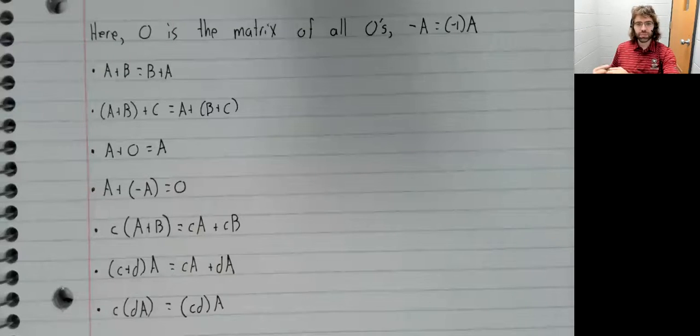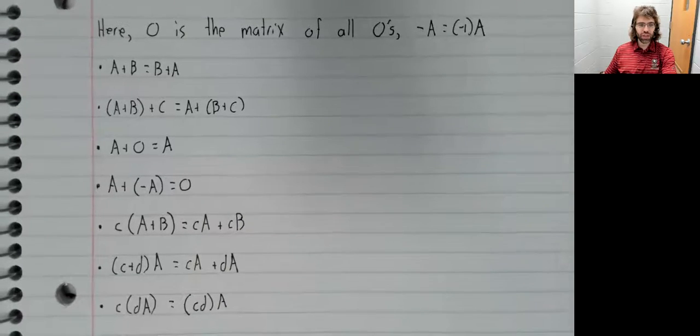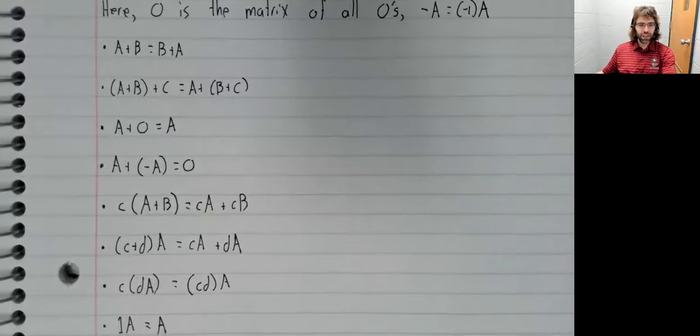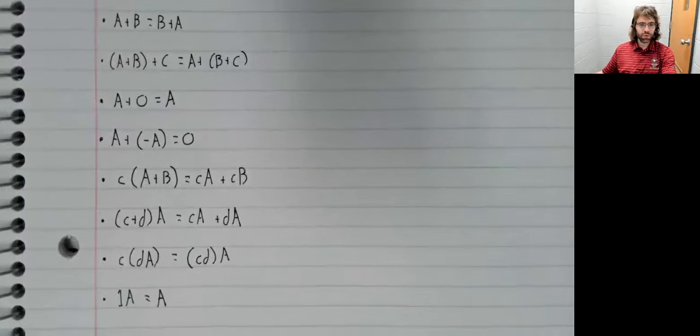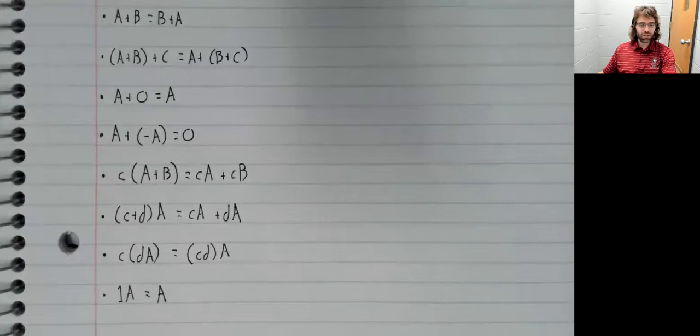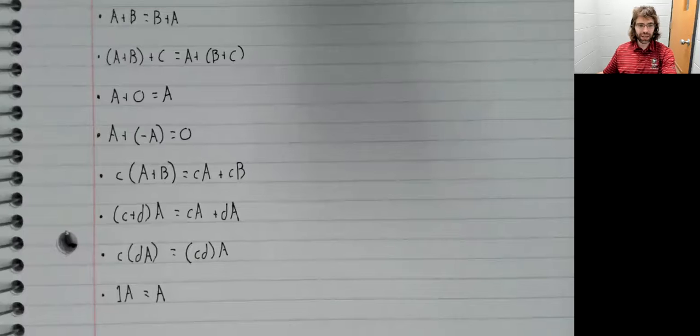In fact, if you go back to section 1.3 and compare, you'll see that this list of properties that matrix addition and matrix scalar multiplication have is exactly the same as the list of properties that vector addition and vector scalar multiplication have.